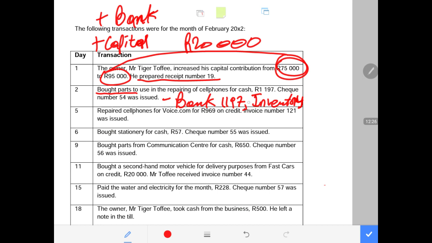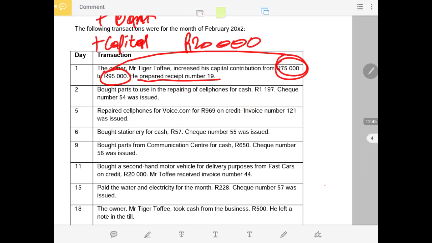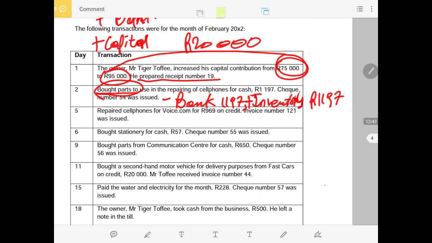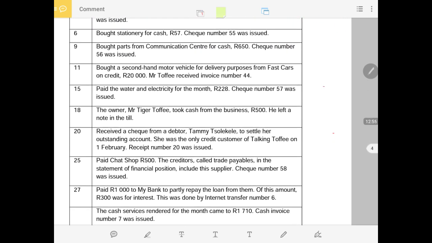Therefore now our inventory will also be increasing by 1,197 rands, because we do need these parts in order for us to repair the cell phones. Because if we don't have parts, people will come and want their cell phones to be repaired, and we don't have the parts to repair their cell phones, meaning the rendering part now of the business, which is the repairing of cell phones. And now let us check where these two will be recorded.